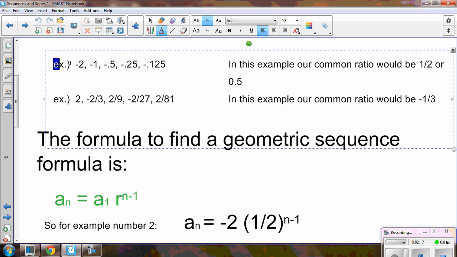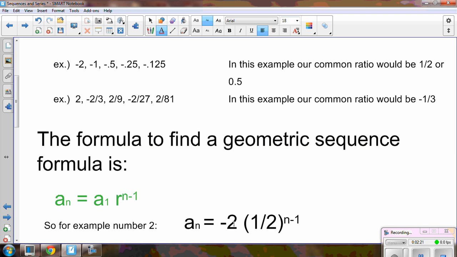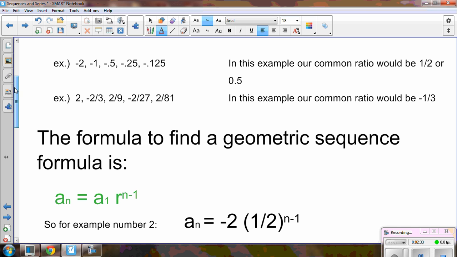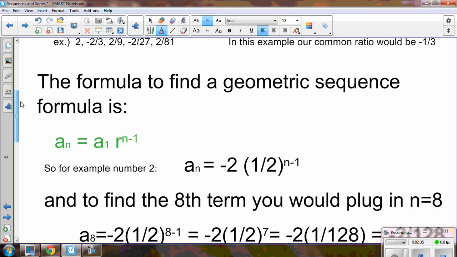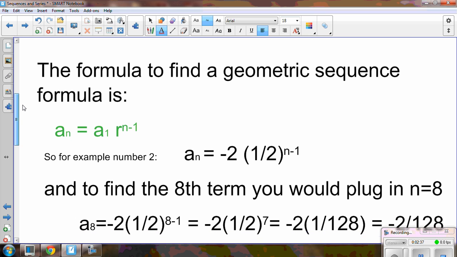If we use our second example right here, our start number is negative 2. Our common ratio would be 1/2. You could use 0.5, that's fine. And we would raise it to the n minus 1 power. So that would be the generic formula. Suppose you want to find the eighth term, you would just plug in 8.